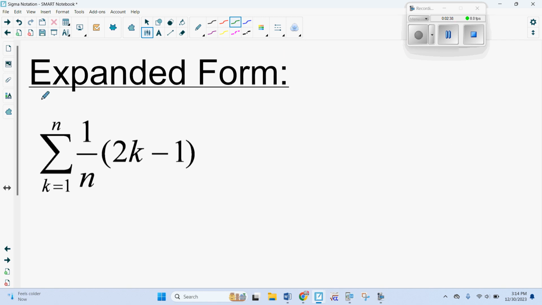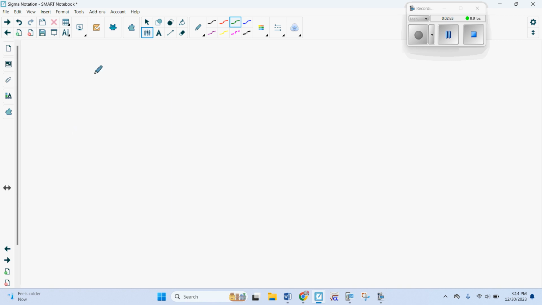Now, one of the things we're going to deal with as we try to expand these is having something like 1 over n in our sigma notation. Now you'll notice our k goes from 1 to n. So this n just represents some number. So for example, let's say I had sigma from 1 to 4 of 1/4 times 2k.